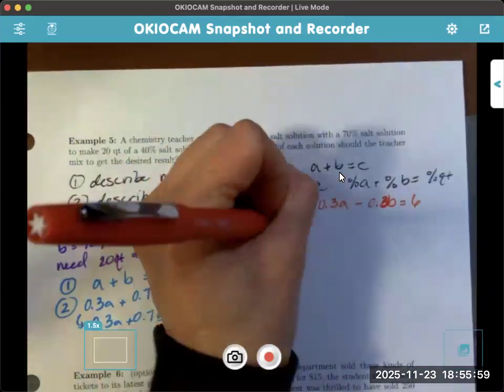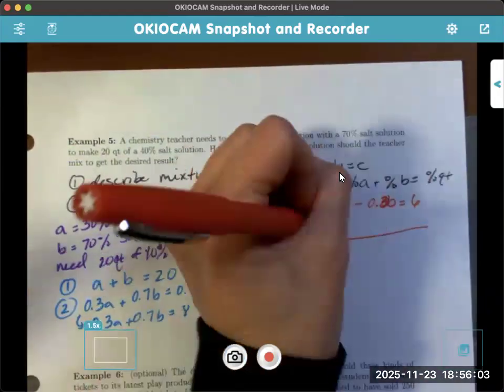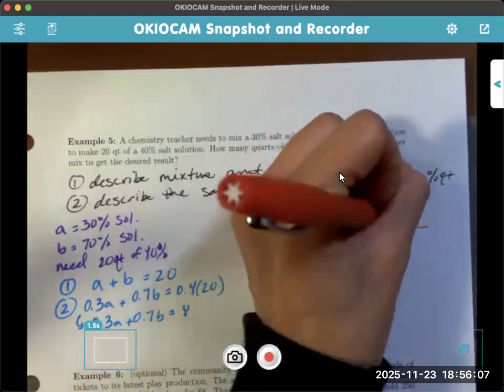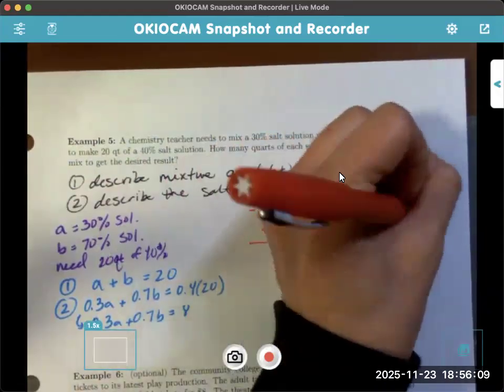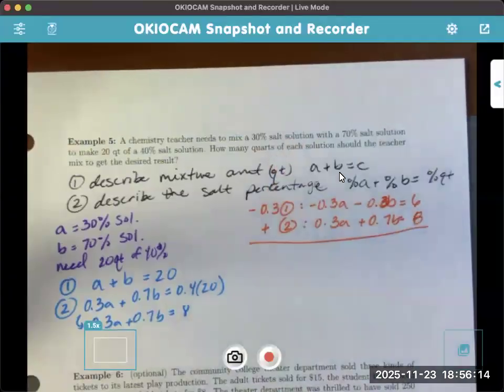And again, we are adding this just to equation 2 so that we are eliminating A. So again, note what happens to A by design. Yep, they cancel.